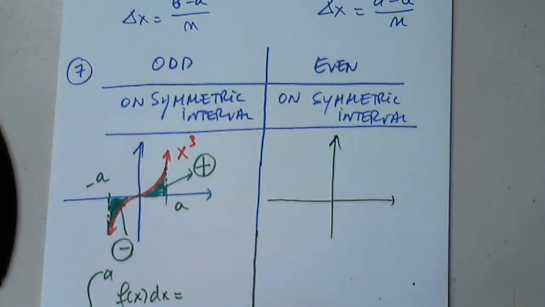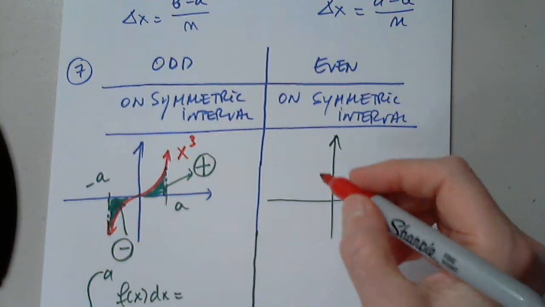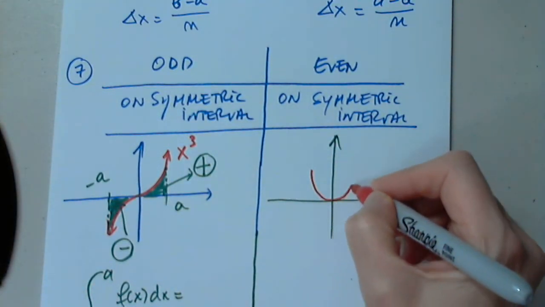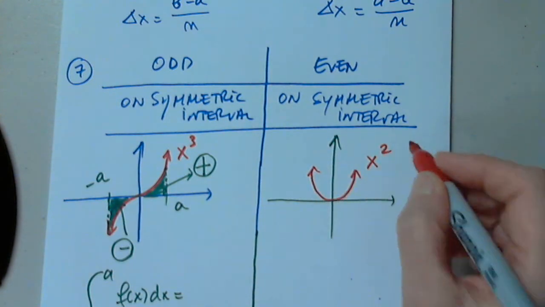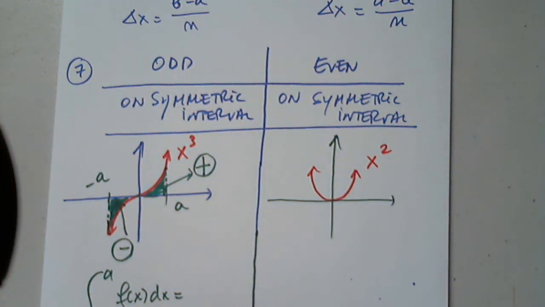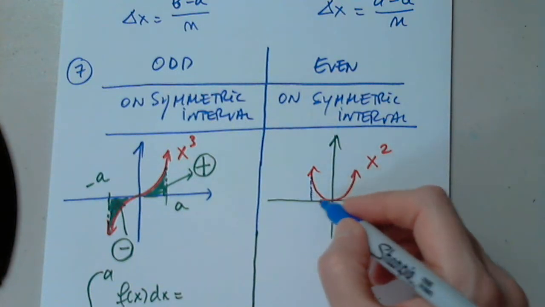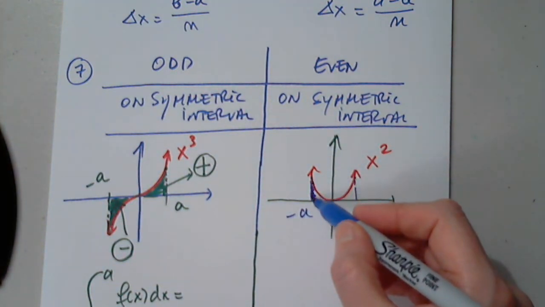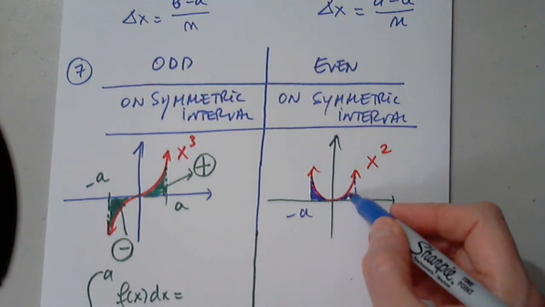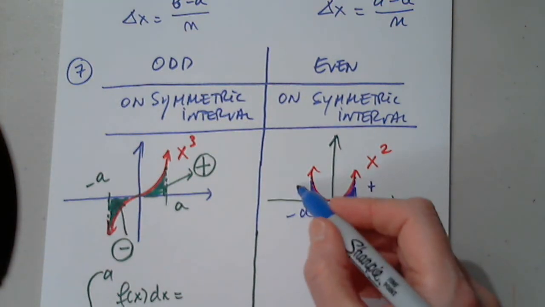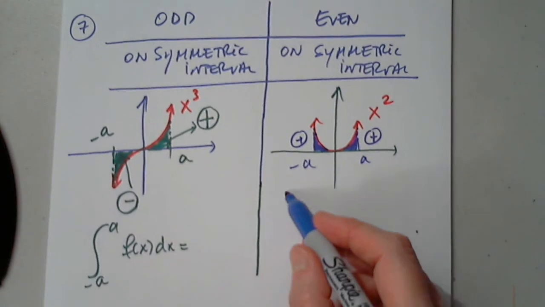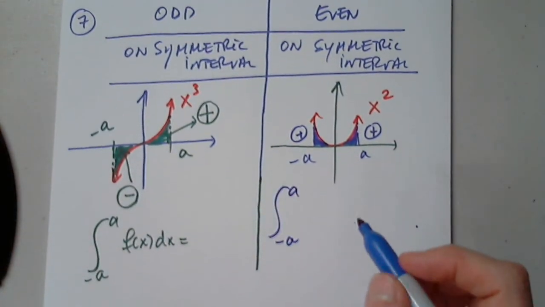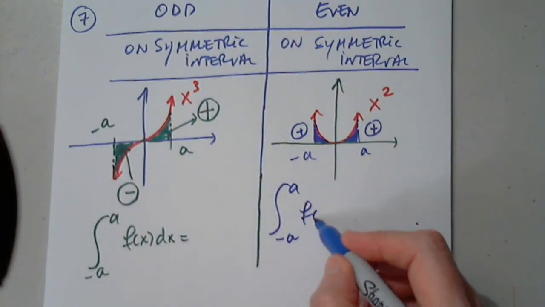Our nice example for an even function is x squared. So now, again, the same thing between negative a and a. Both are positive areas. So the integral from negative a to a of f of x dx.